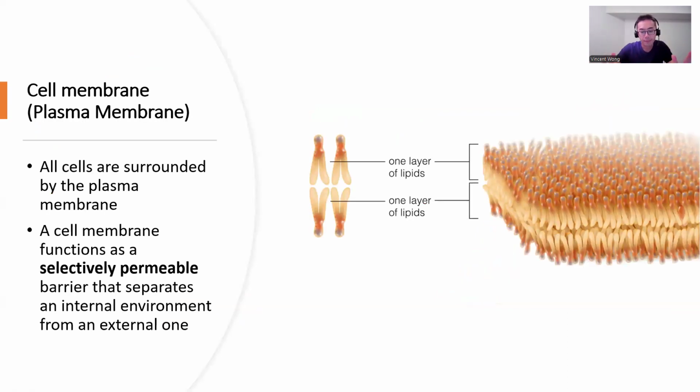All right. Regardless of whether it's eukaryotic or prokaryotic cells, there is going to be a cell membrane that surrounds the cell. We learned last week that the cell membrane is made up primarily of molecules called phospholipids, and there are actually two layers of phospholipid. The membrane is selectively permeable.